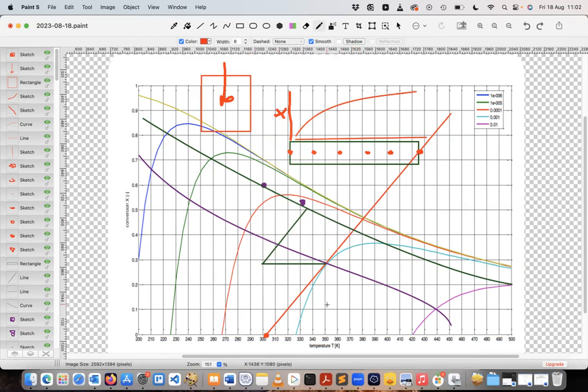So in the batch reactor, remember the variable is time. So we would simply observe this batch reactor as its conversion changes. In the batch reactor, we can find all these points as well. It's just that we have to wait long enough for it.